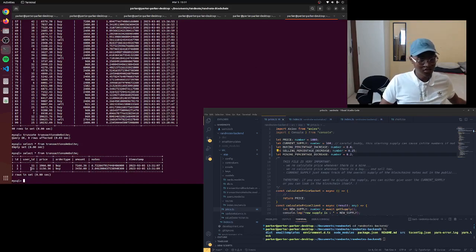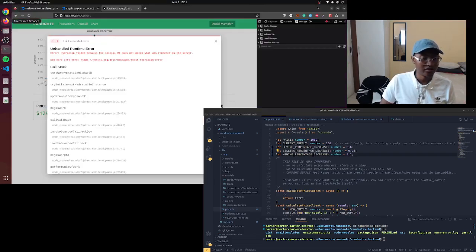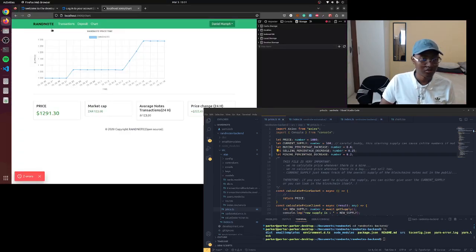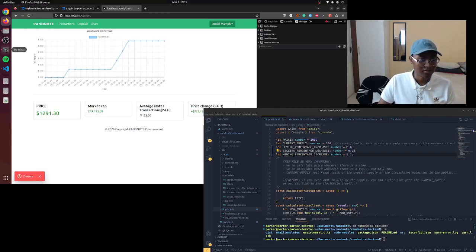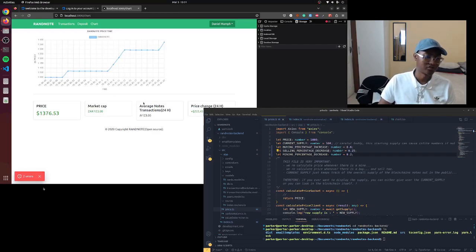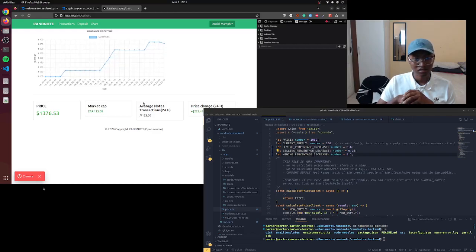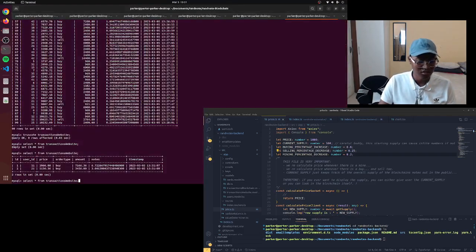We got 2 buy orders so far. Let's just try and observe it from the chart's point of view. Okay, the price is still 1.3. I think there's something wrong with the app. Oh no, nothing is wrong. Price goes to 1.3.